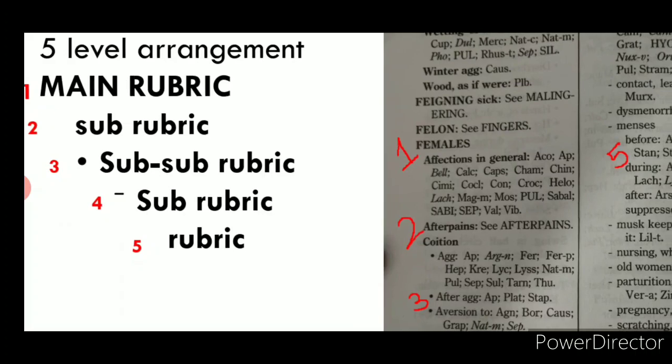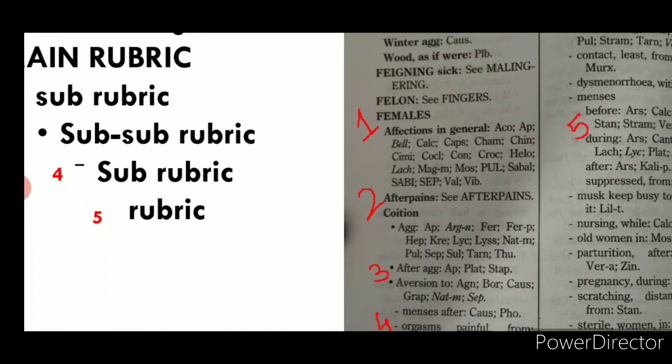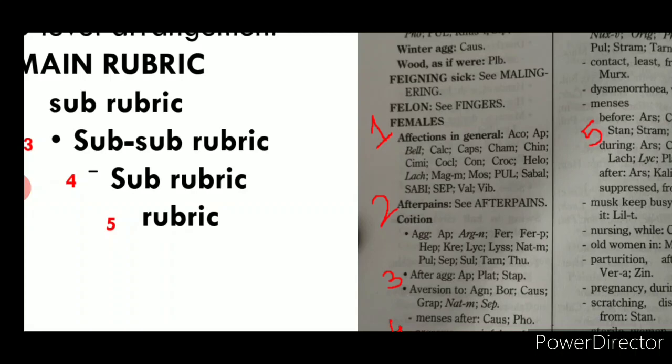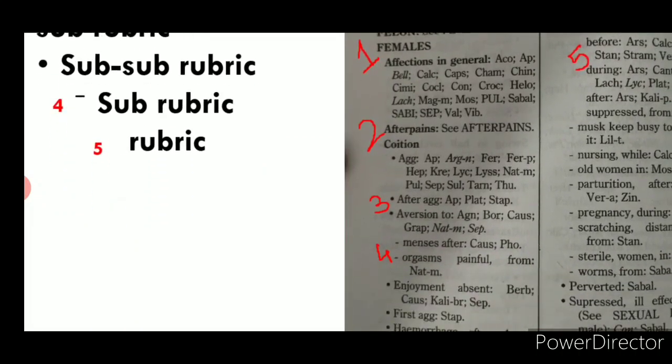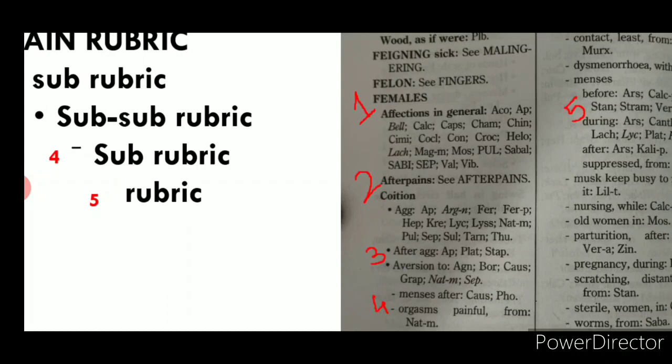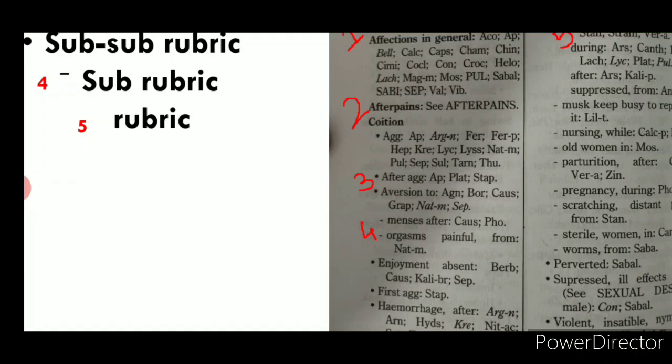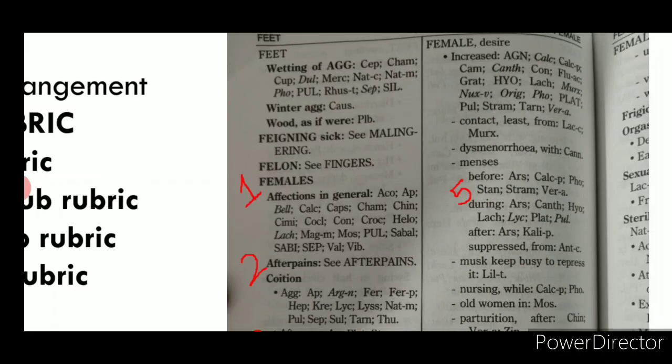Then you have the second level sub-rubric, printed in bold letters without any denotation or bullet. On the third level, you have rubrics printed in simple Roman letters but denoted with a dot. On the fourth level, you can see rubrics denoted with a dash. And on the fifth level, we do not have any denotation, but the fifth level rubric is written with one space just below the fourth level rubric.